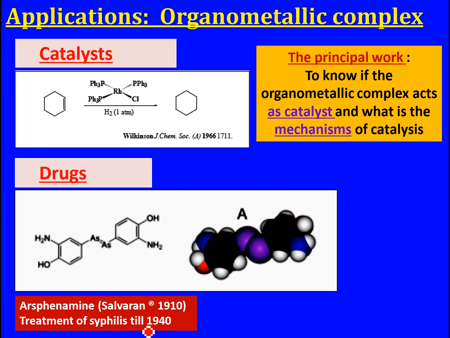The principal application of the organometallic complex is its use as a catalyst in organic synthesis reactions. One of the most important steps in organometallic chemistry is to know if this complex can be used as a catalyst or not, and if it can be used as a catalyst, what is the mechanism of catalysis?